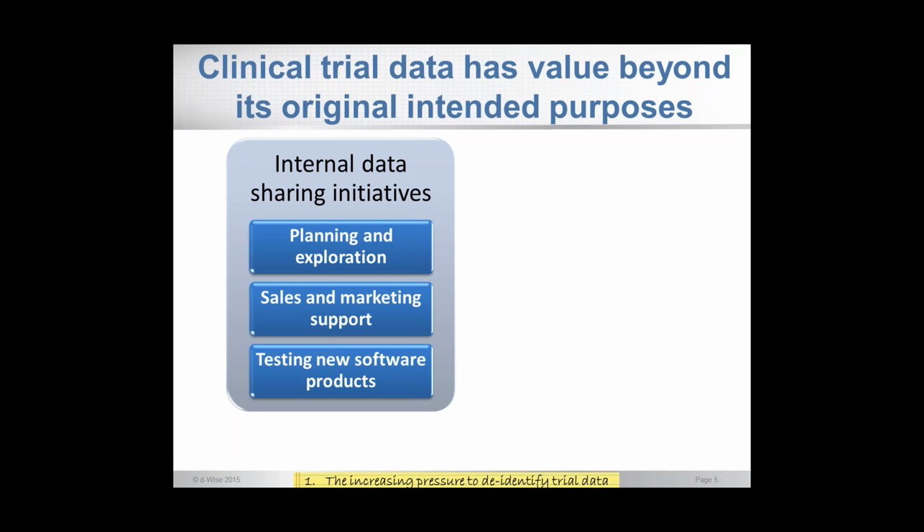And a number of companies really are taking a very conservative approach here, in that the data that's been collected as part of a clinical trial really has to be used just for that clinical trial, and they struggle with the means to test that new software product on real-world clinical data unless they de-identify the clinical trial data with which they're working. So that's kind of an important consideration as well.